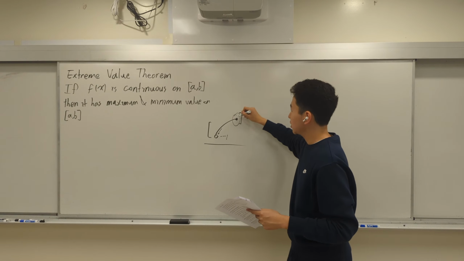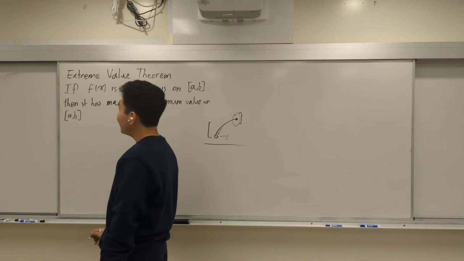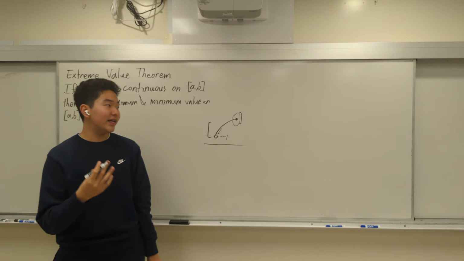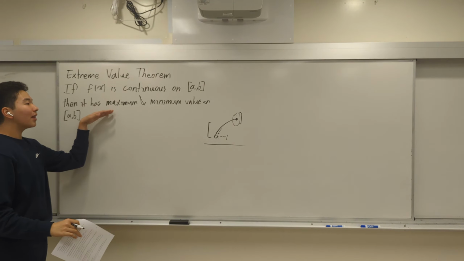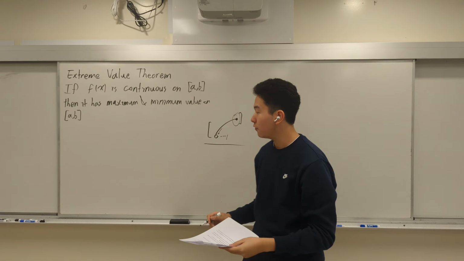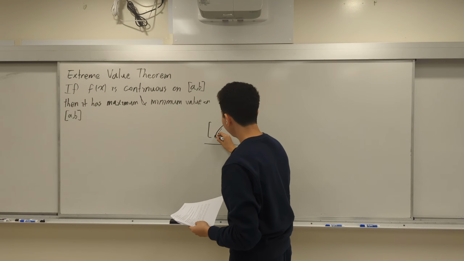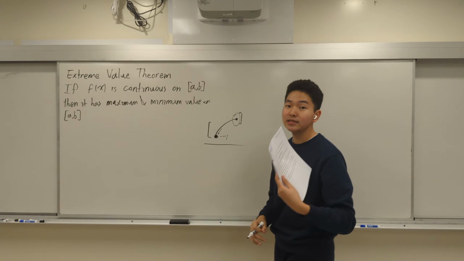It's just this value over here. What the extreme value theorem tells you is that continuity on a closed interval guarantees that you will have a maximum and minimum value of that function on that closed interval. Because if this function has to be continuous, then this has to be filled in, because the limit has to equal the function value.